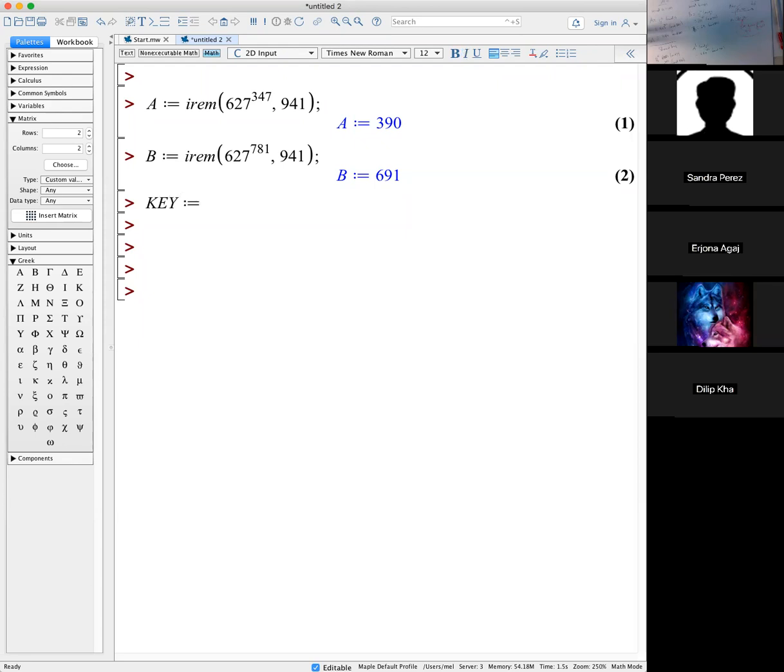At least the key that Alice calculates is the integer remainder when you take 691 and raise it to the power 347 and divide by 941. 470. Let me call this, that's the key that Alice computes.